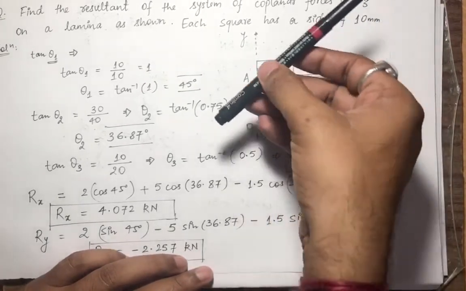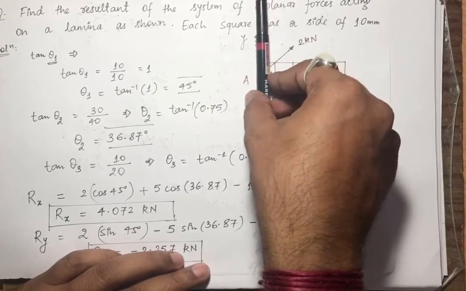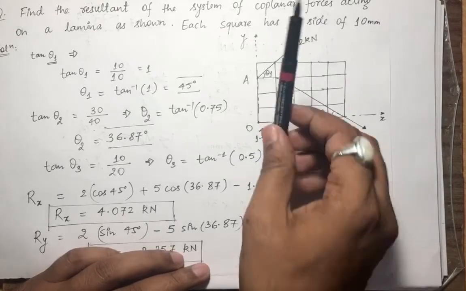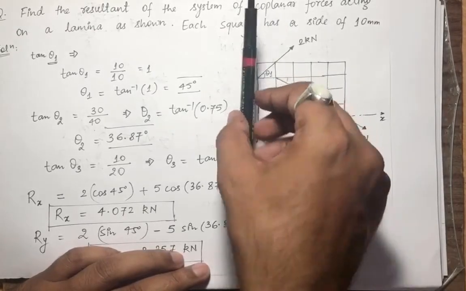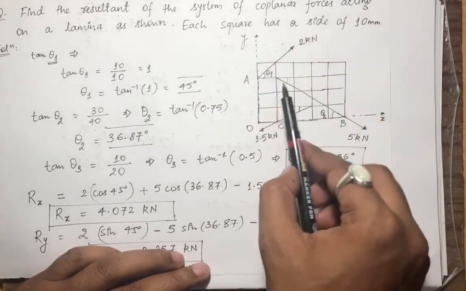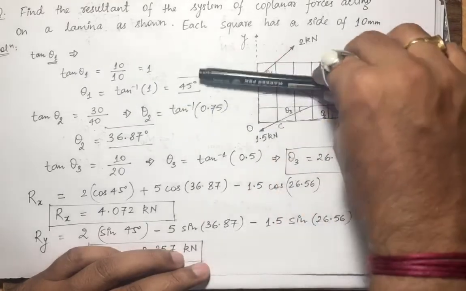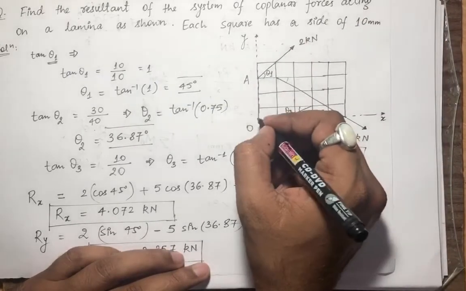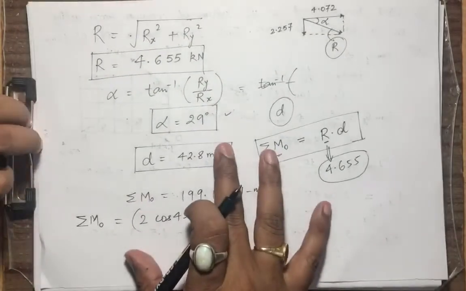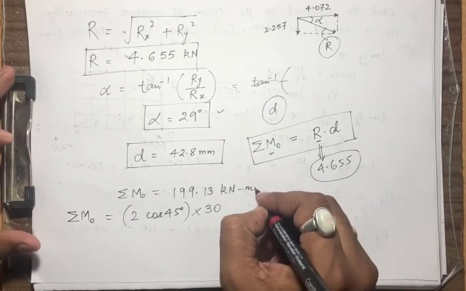This force is like this, so the x component is like this, the y component is like this. The y component will not give any moment because its distance about y is 0. So this component is 2 cos theta 1 multiplied by the distance. This distance is 1, 2, 3, 30, mm. Got it?